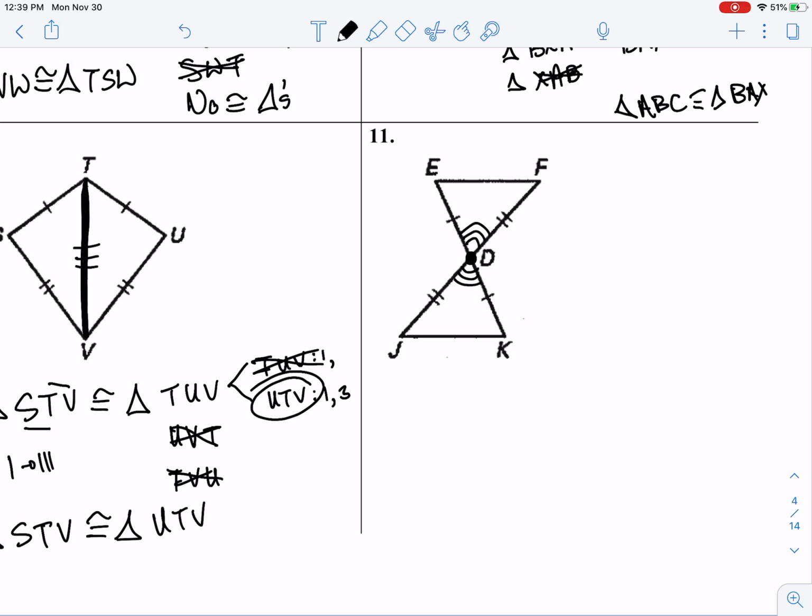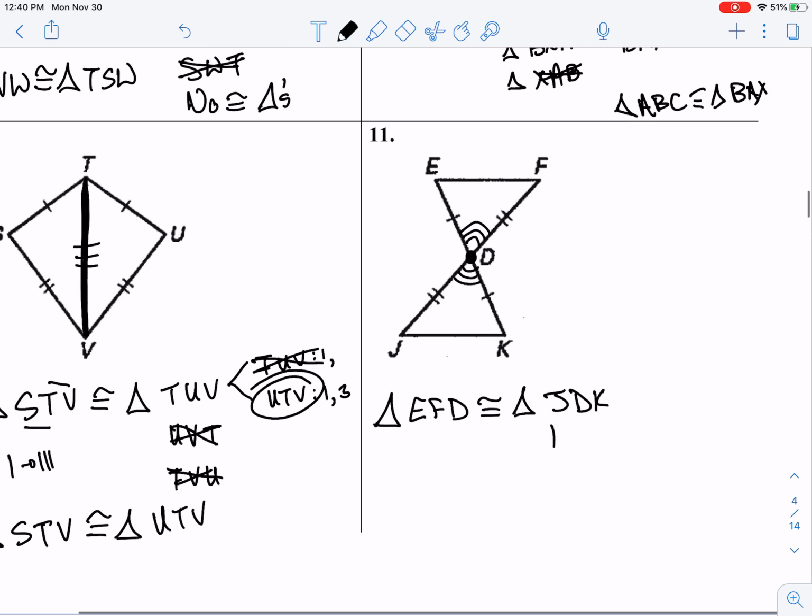Last one, number 11. Triangle, I'm going to say EFD is congruent to triangle JDK, DKJ, or KJD.